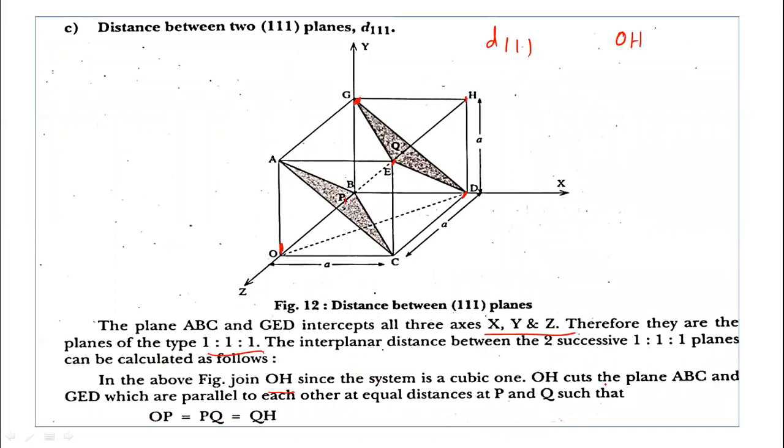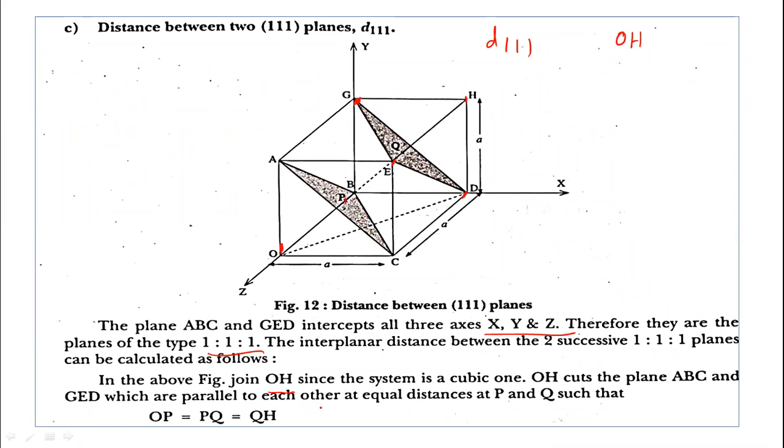OH cuts the plane ABC. It passes through the plane ABC, and it will also cut the plane GED. As we move from point O to point H, it cuts the plane ABC as well as the plane GED. This understanding is important: these two planes are parallel to each other.